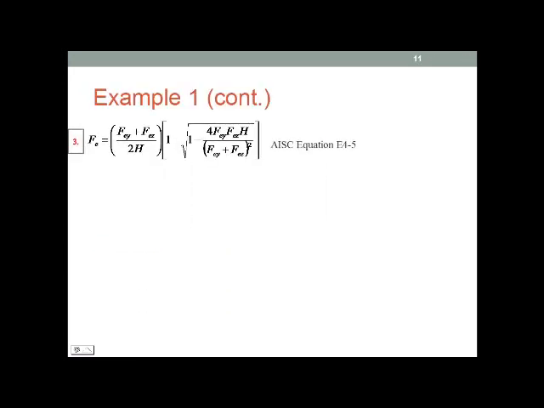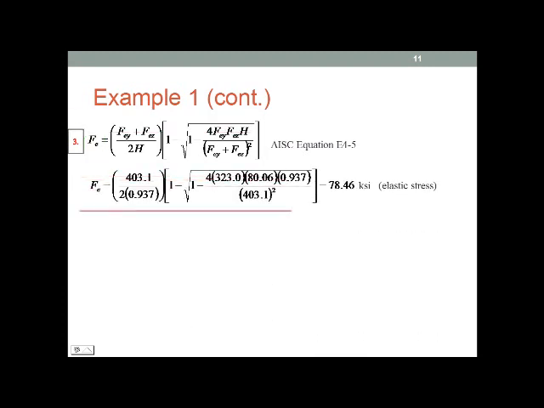Step 3. Calculate the elastic stress, or Fe. To calculate Fe, use equation E4-5 found in the AISC specifications. Now, if you substitute for the unknowns, you'll get Fe of 78.46 ksi.